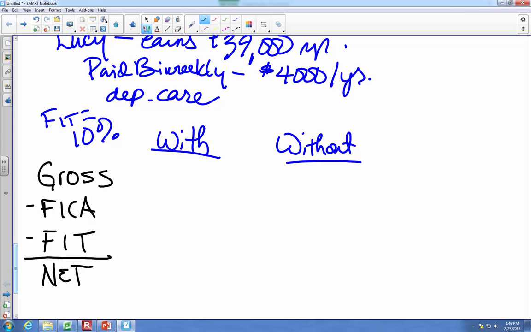Actually, she's going to be in a higher bracket at that amount of money. She's going to be 15%. And she pays her daycare bill bi-weekly? Well, we're acting like she is. Yeah, sure. My point is, I want you to tell me how much you think after she gets her paycheck and pays her daycare, what does she have left?